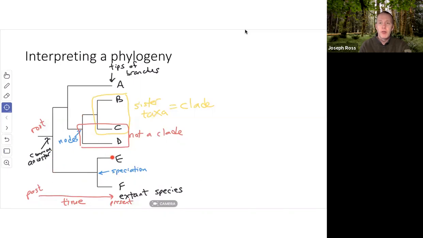Even though E is drawn physically closer to B on this tree, and this is somewhat misleading, a lot of people tend to think that E is more closely related to B. That's not how this interpretation works, because if you travel from B back in time to the common ancestor of E and F and B, notice that once you get to this node, the distance from B to E is the same as the distance from B to F. So these two sister species are equally distantly related to species B.